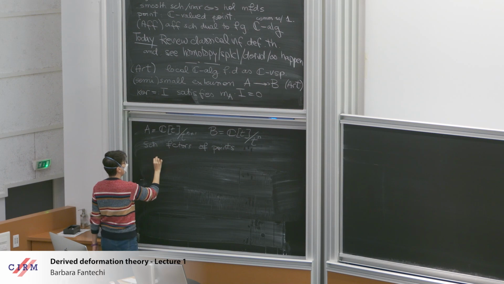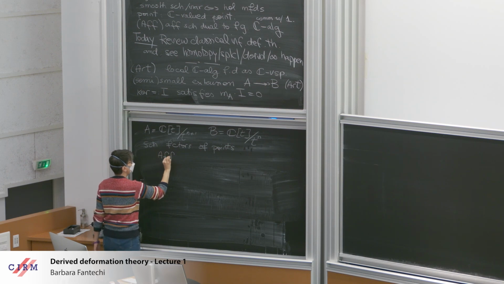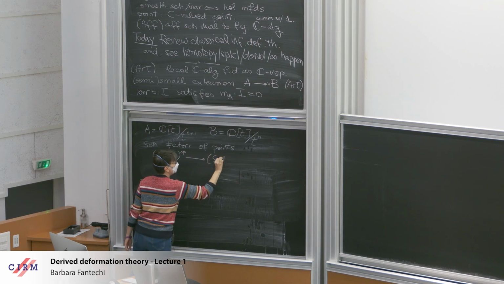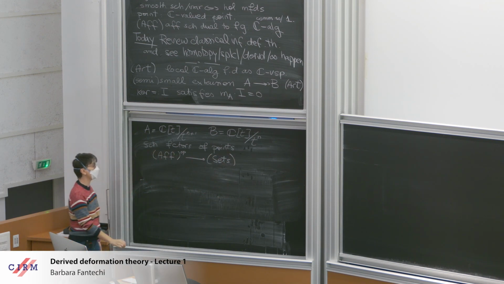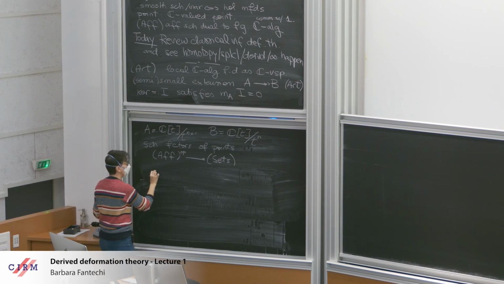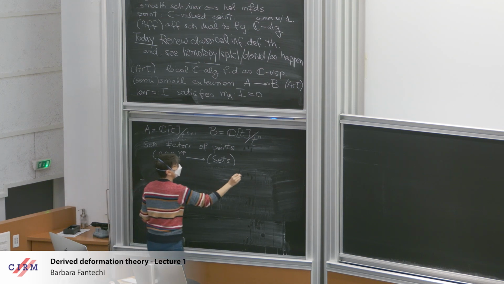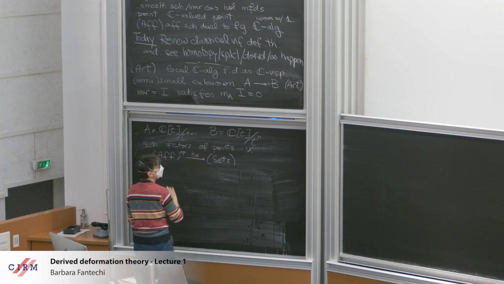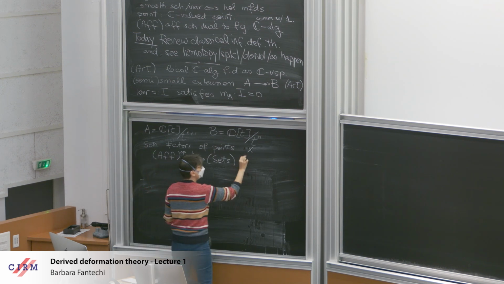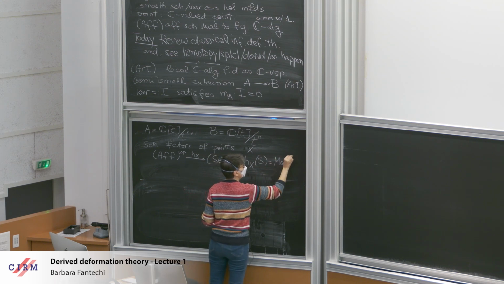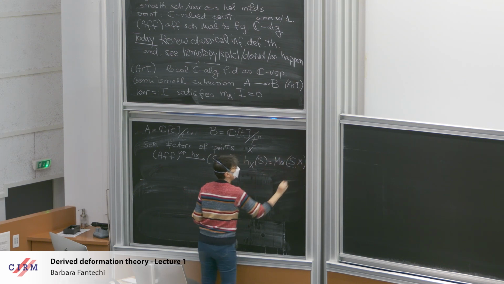So they are functors which satisfy certain properties. In particular, if you have a scheme X, sometimes this is called the restriction of the Yoneda functor, and it's defined by these Hom-morphisms.